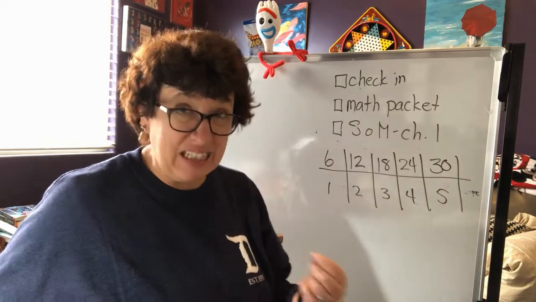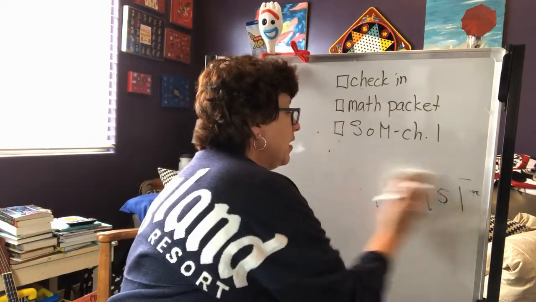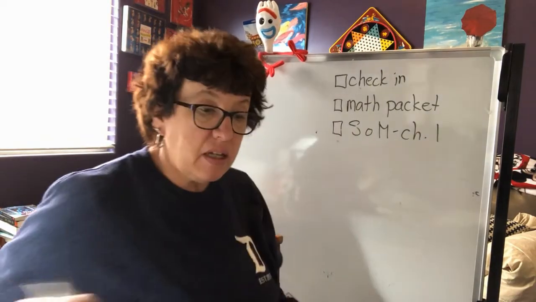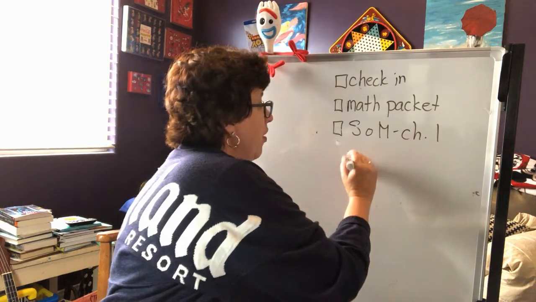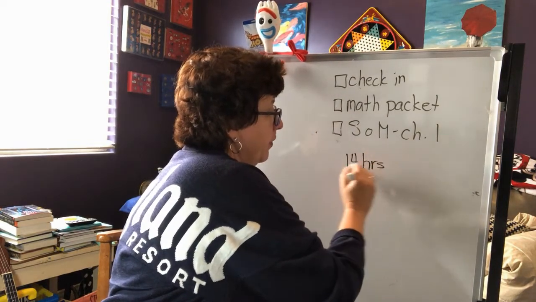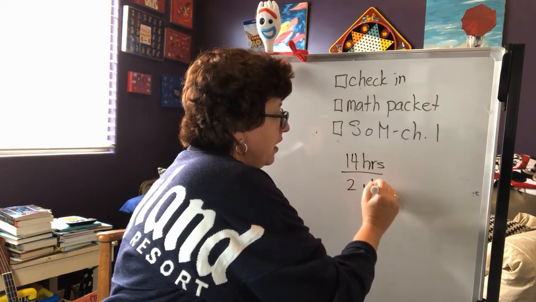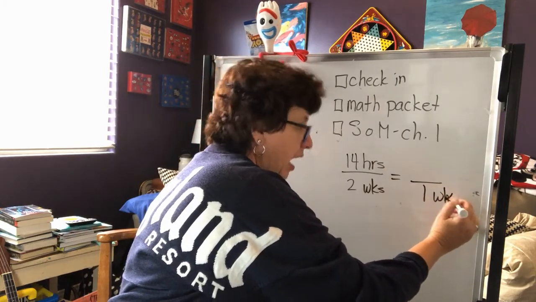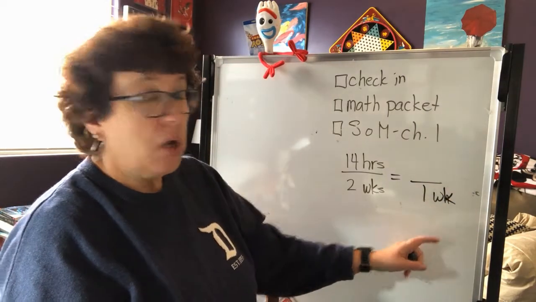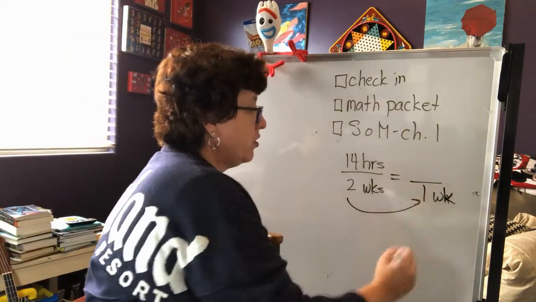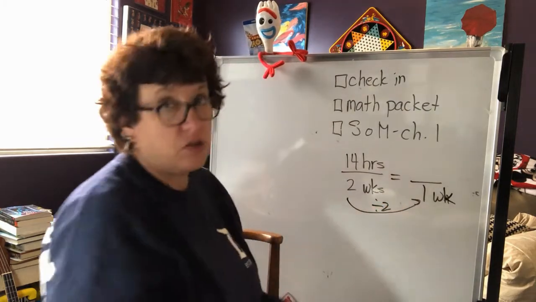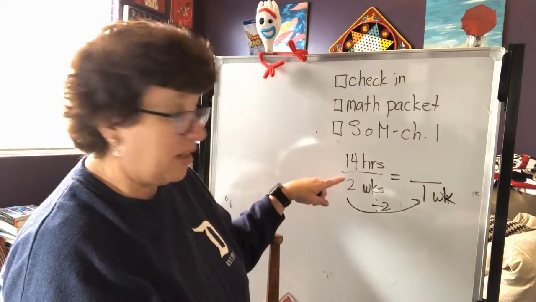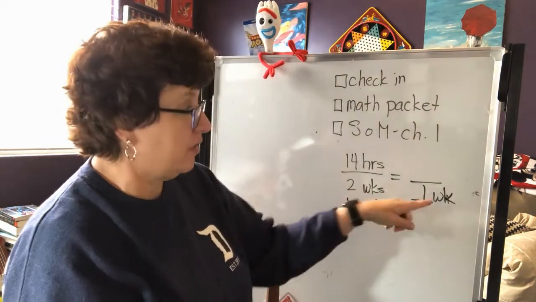All right, that's a little bit different from a ratio because the idea of a rate means that I'm going to take 14 hours in 2 weeks. I want to find out how many hours in 1 week, which means how do I get from 2 to 1? Well, I'm going to divide by 2. I'm going to divide my denominator by itself to get 1.